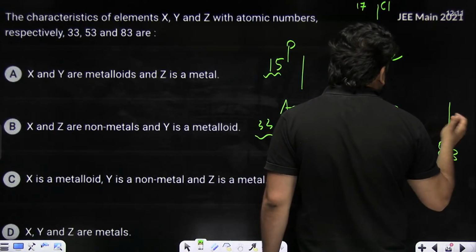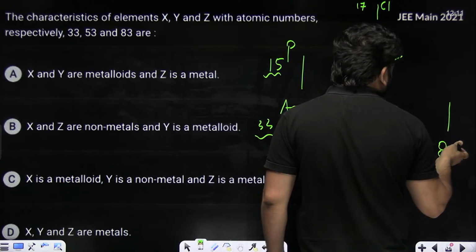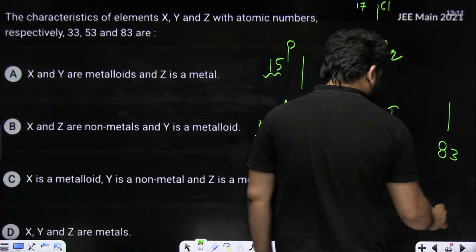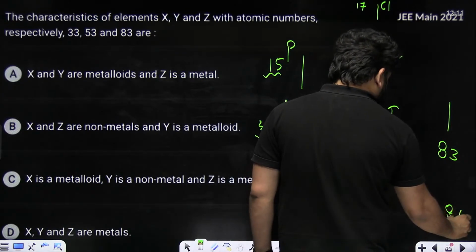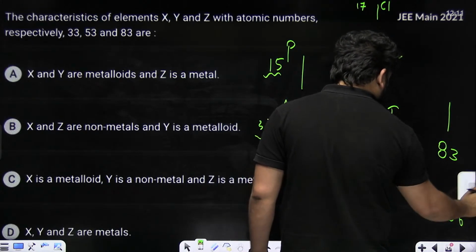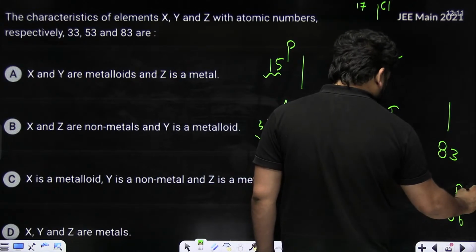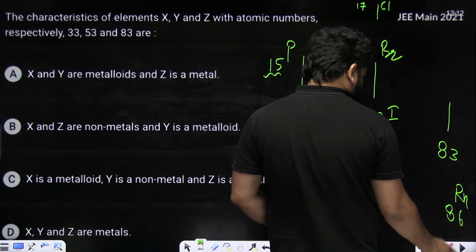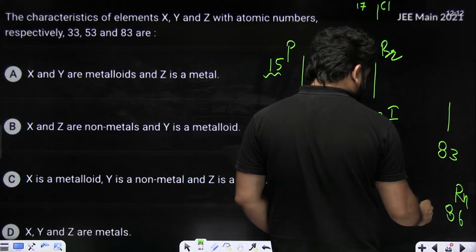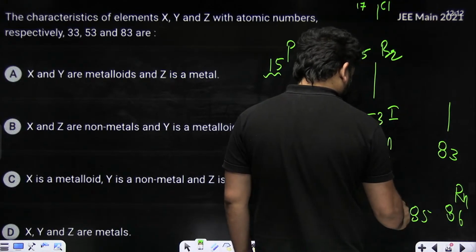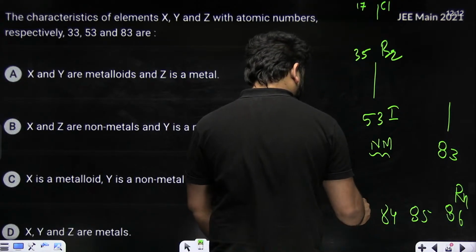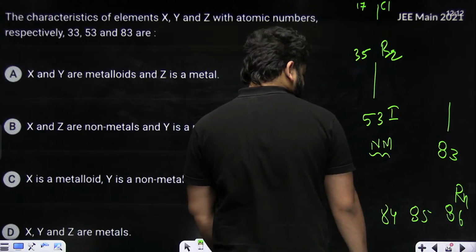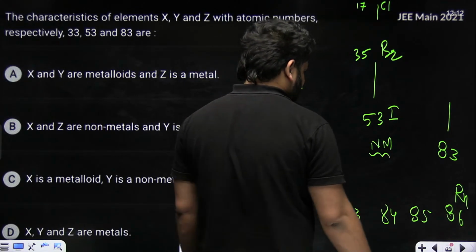We know that 86 is actually radon. So before that will be 85, 84, and 83. So this is group 17 halogens.